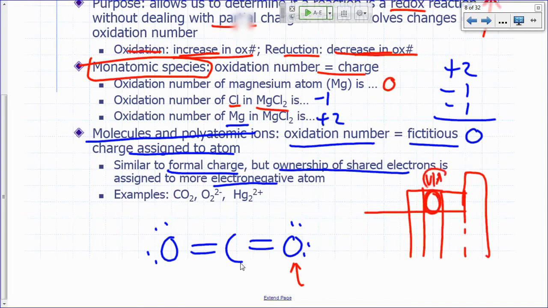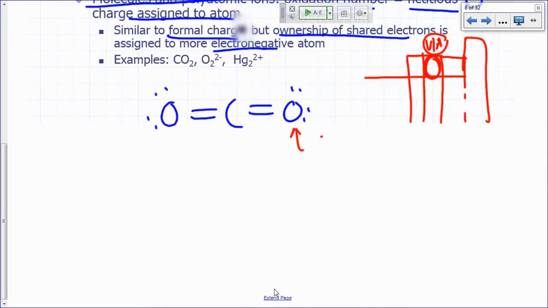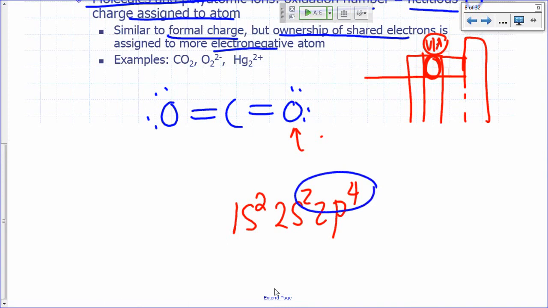Group 6A, column 16. So that means a neutral oxygen atom, if you recall, has an electron configuration of 1s2, 2s2, 2p4. It has 6 valence electrons. By itself, if it were alone, an oxygen atom would have 6 valence electrons.